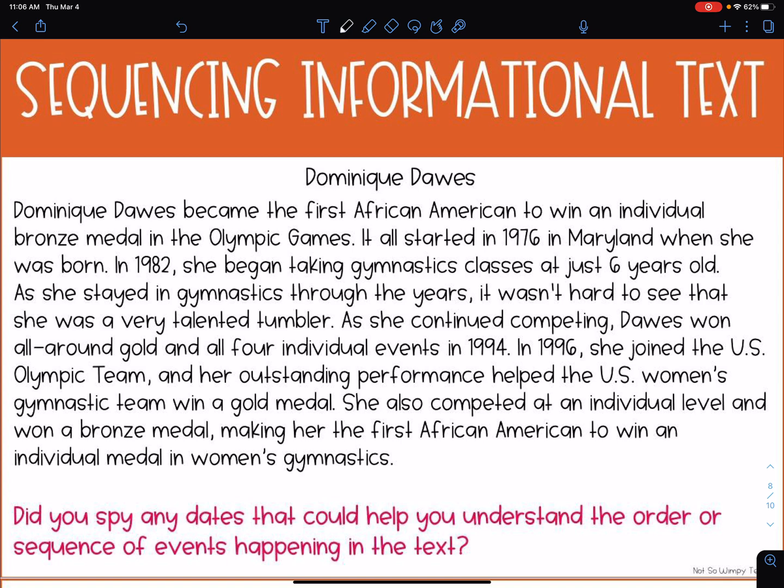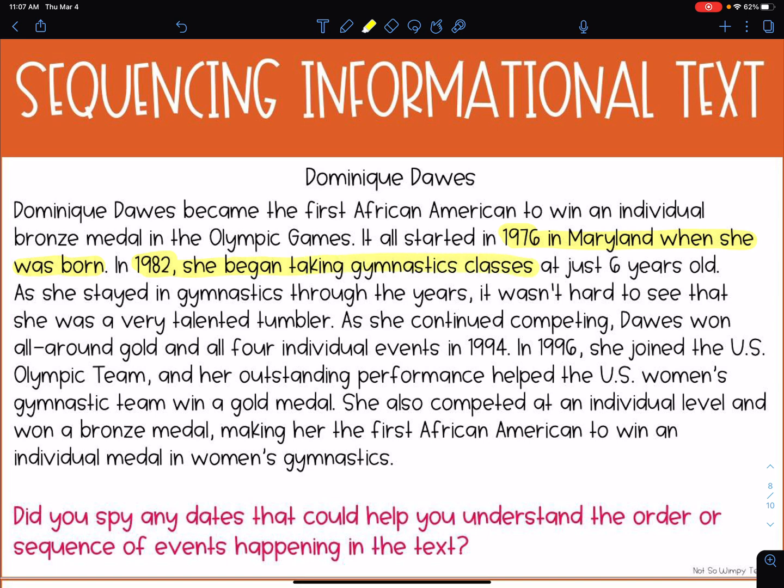So looking at this paragraph, do you spy any dates that could help us understand the order of events or the sequence happening in this paragraph? So looking back through my paragraph, I see that I have the date 1976, and I read that she was born. I also see the date 1982, where she began taking gymnastics classes.